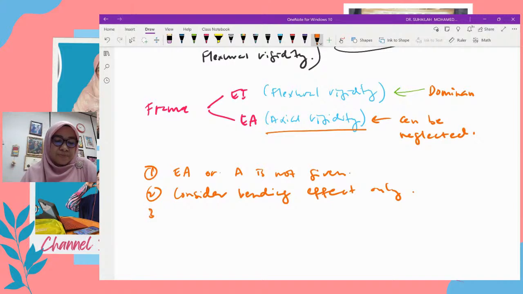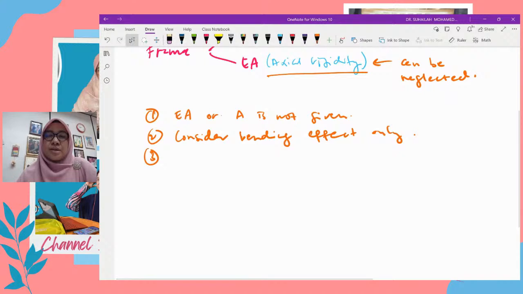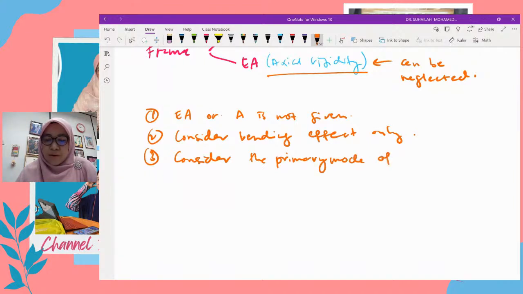Number three, when we don't need to consider EA: whenever there is a statement in the question saying that we need to consider the primary mode of deformation.